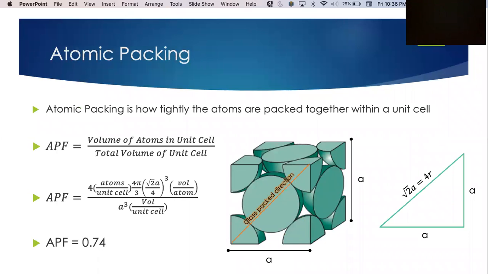Okay, so we can use some trigonometry to actually help us figure out what the actual length of a is. Now, to do that, we first need to look at the close packed direction. And that will be the length of the unit cell where all of the atoms touch. And you can see the close packed direction for FCC labeled on the face of the cube here. And that'll be where these atoms are touching at the cube face.